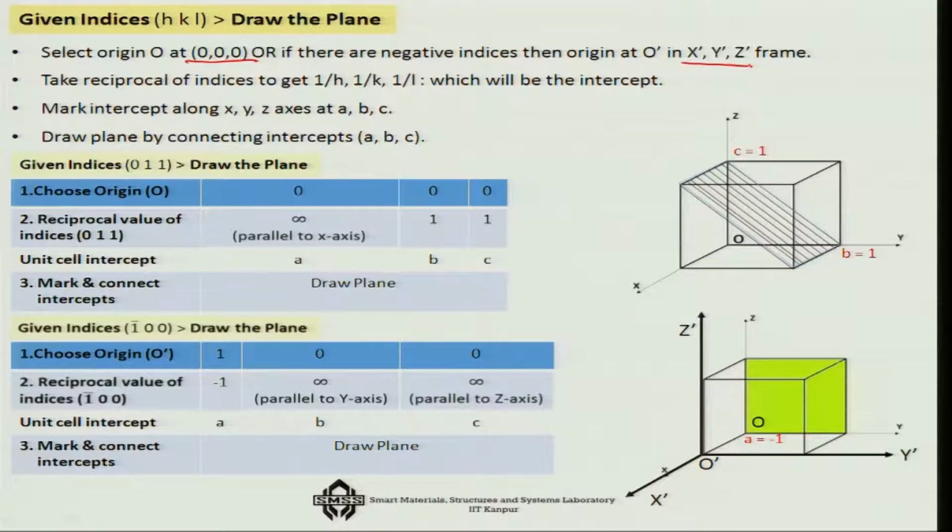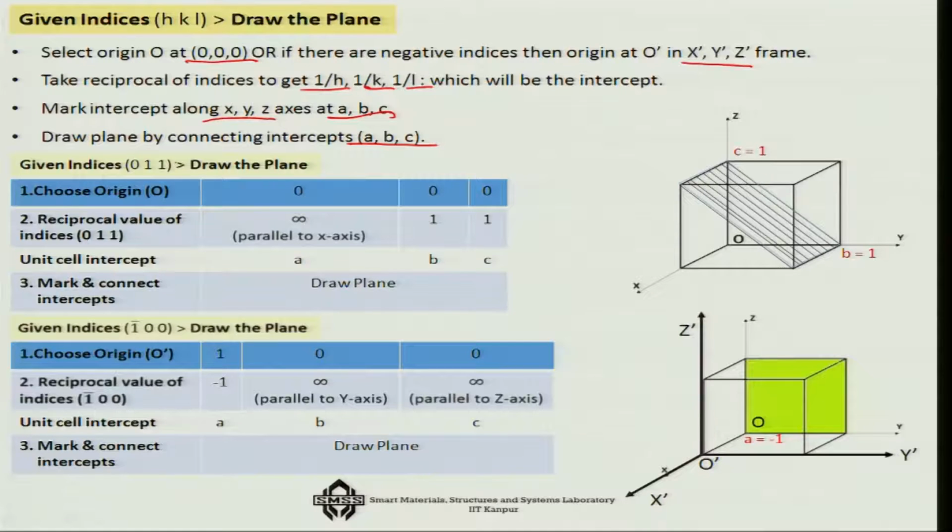Now, take the reciprocal of the indices and that will give you the intercepts. Suppose h k l are the indices, then 1 by h, 1 by k, 1 by l will give you the intercepts. Mark the intercepts along the x, y, z axes as A, B, C and then draw the plane by connecting these intercepts.